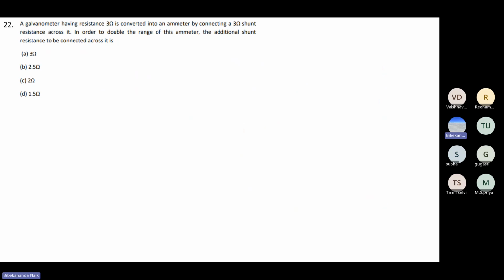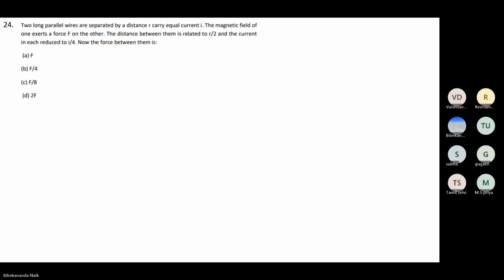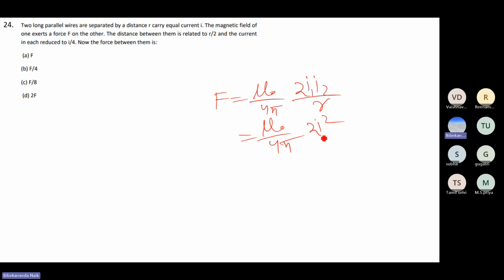So here similarly there are two wires, the distance between them is R and the current is I. So this force is mu 0 by 4 pi, 2 I1 I2 by R, or since I1 and I2 are the same, mu 0 by 4 pi, 2 I square by R. Now this I was changed to I by 4 and this R was changed to R by 2.